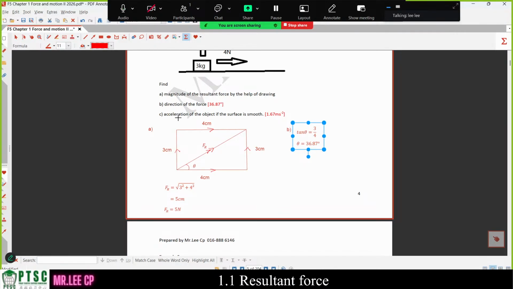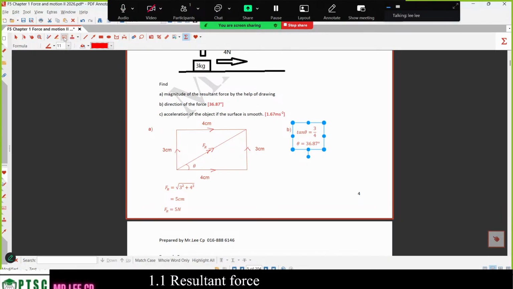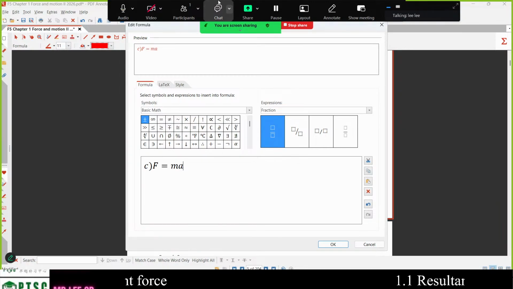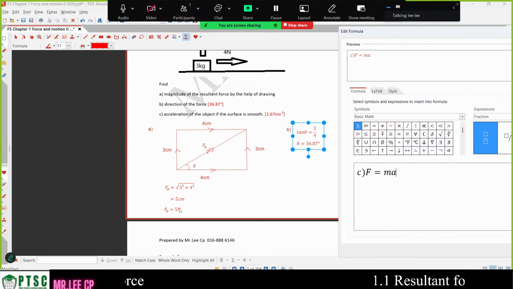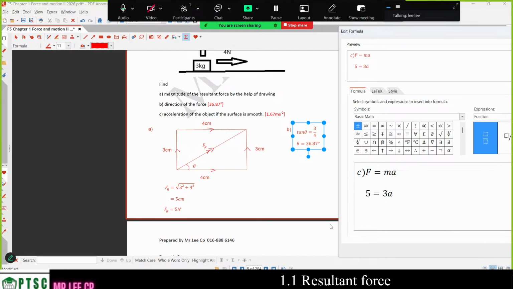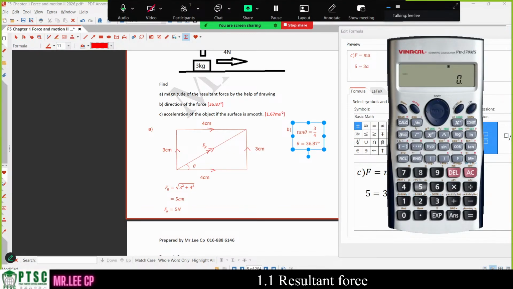Now here, part C. They are asking me about the acceleration if it is on a smooth surface, right? So for acceleration, F is equal to ma. F, how much is the resultant force? I have calculated it is 5 Newton. 5 is equal to ma. m is 3 kg, a we don't know. So 5 divided by 3.